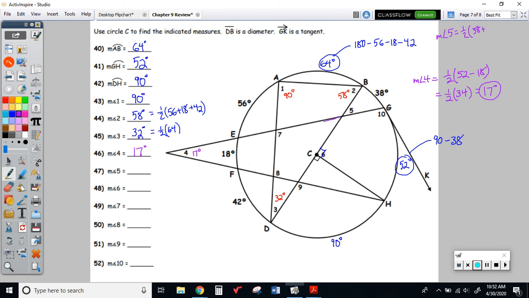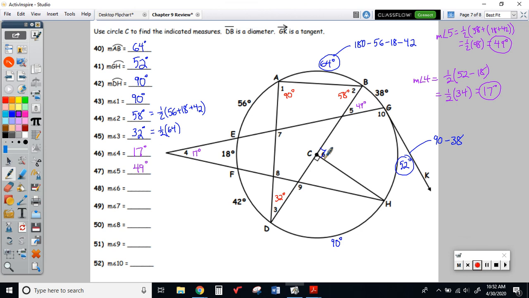This angle cuts through that arc right there, adding 18 plus 42, which is 60 degrees. So 1/2 of 38 plus 60 would be 1/2 of 98, which is 49 degrees for the measure of angle 5. 49 degrees right there, so I'll write that next to that.